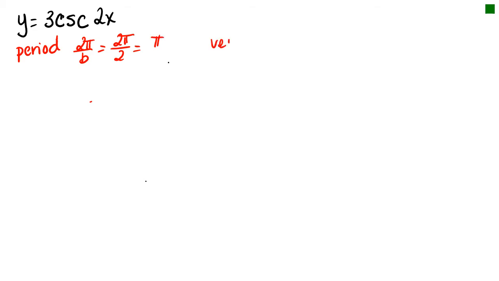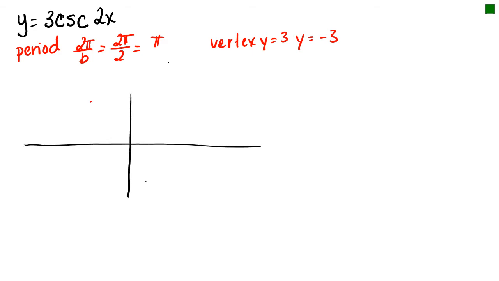And our vertex is going to be where y is 3 and y is -3. Now let's use that information to graph a positive and a negative period.